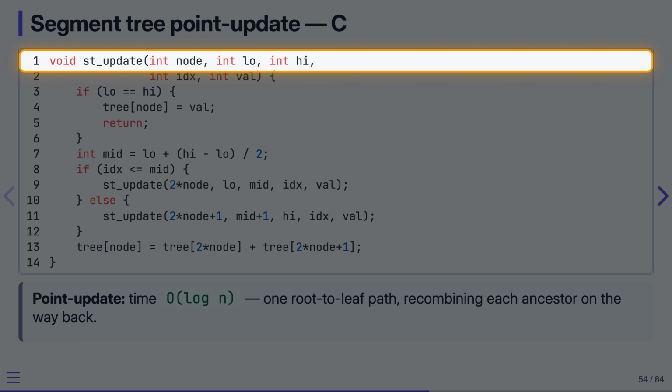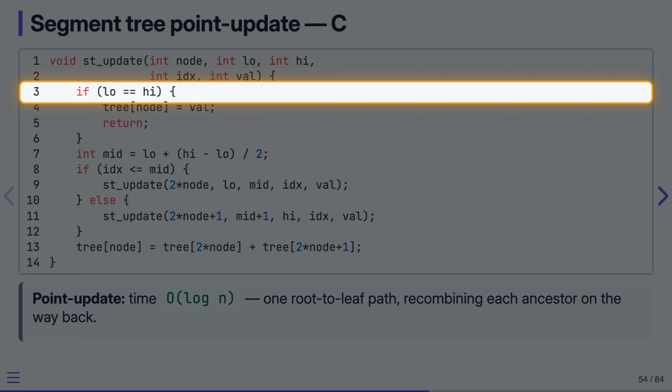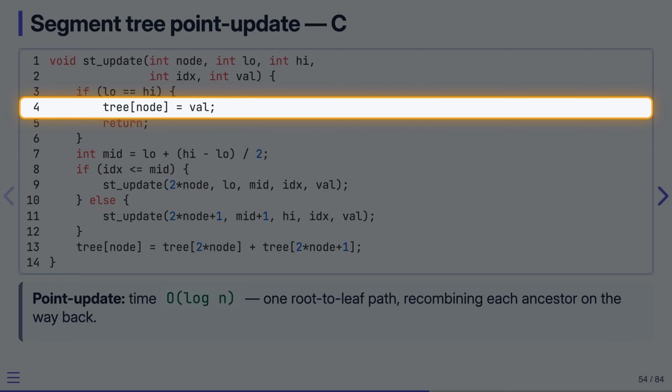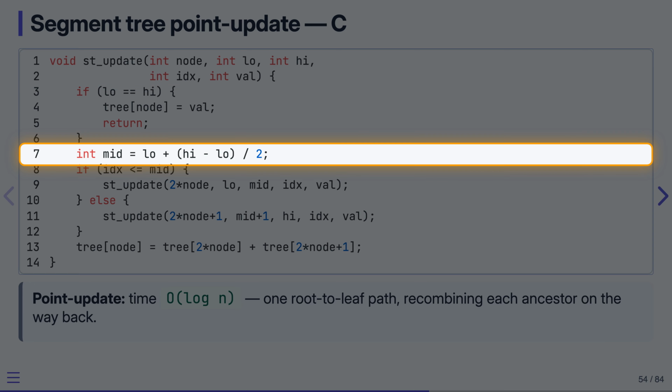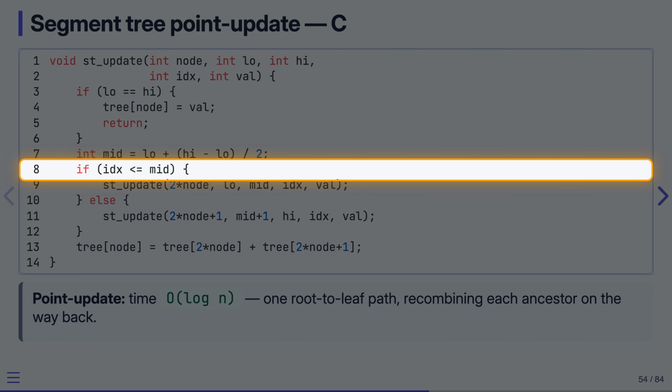The C version. ST update takes the node, its interval, the index to change, and the new value. If low equals high, we are at the leaf. So we overwrite it and return. Otherwise, we compute the midpoint. And if the index is at or below it, we descend left only.